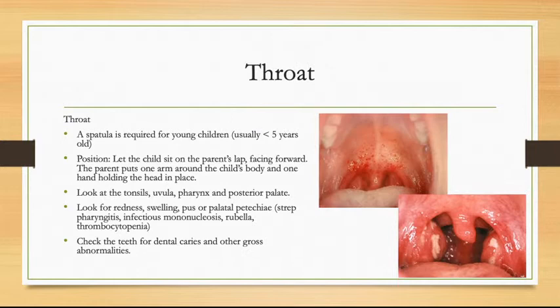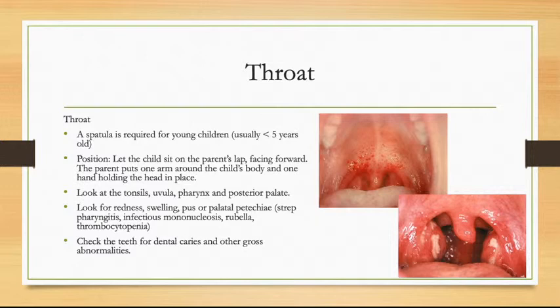So you also will have to check the throat. Again, this is an invasive examination, and kids really don't like it when you use a spatula to look at the back, but it's required really for children usually under 5 years old. Like examining the ears, the child sits on the parent's lap, but this time facing forward.